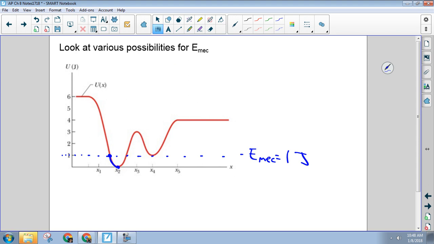The conservative force is going to take that kinetic energy and convert it back to potential energy until you get to here. So this car is just going to go back and forth in that little well, in a frictionless roller coaster. Follow?